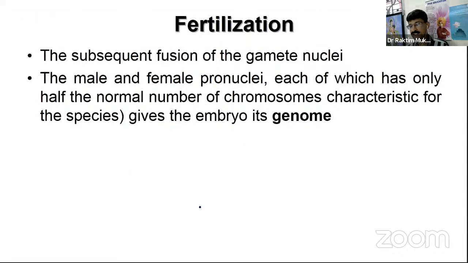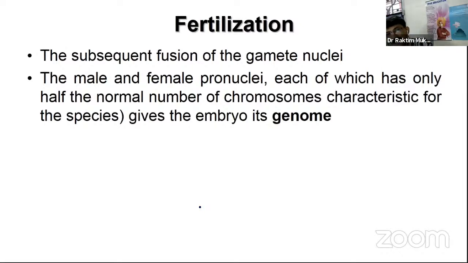Although fertilization is not under my current ambit for this talk, since it is an important topic, I won't skip it altogether. I will give slight basics of fertilization, and as and when further opportunity comes, we will talk about fertilization in detail.